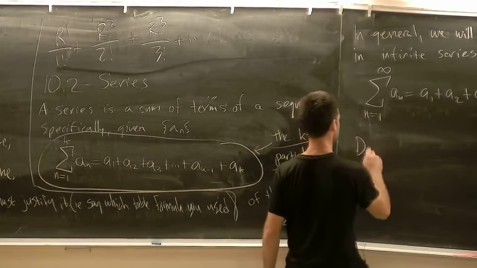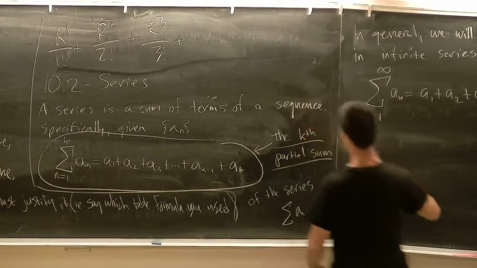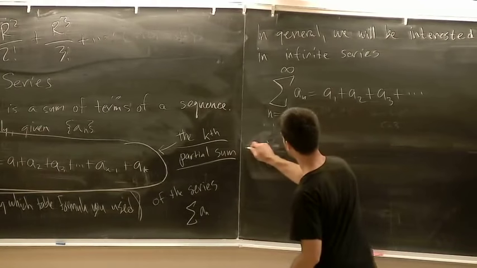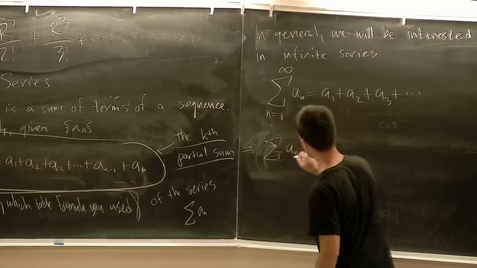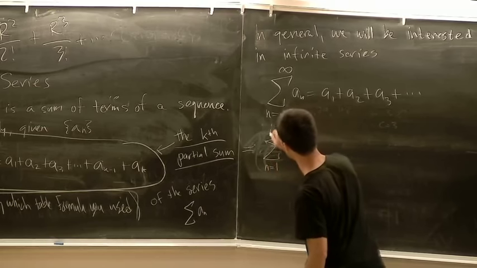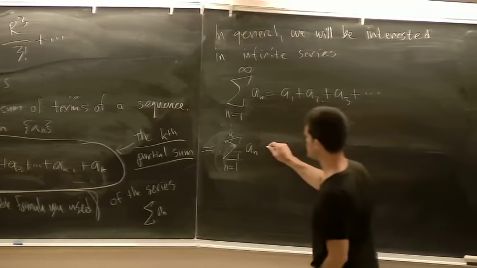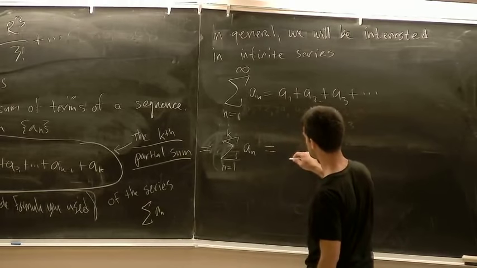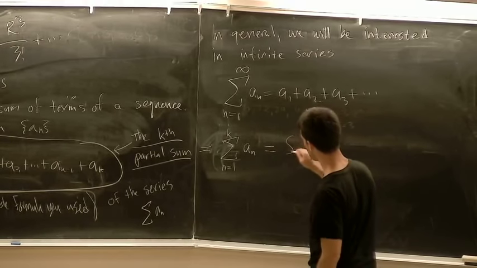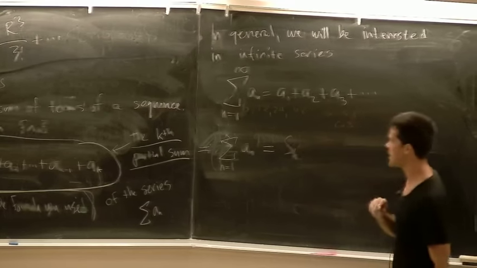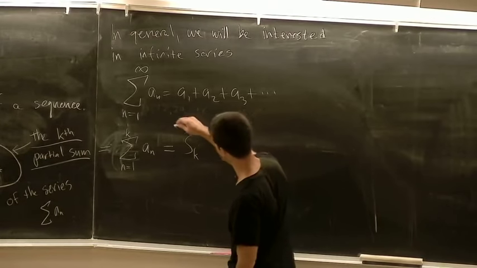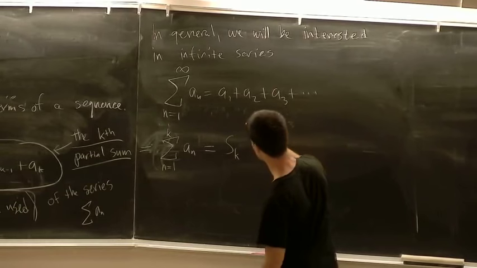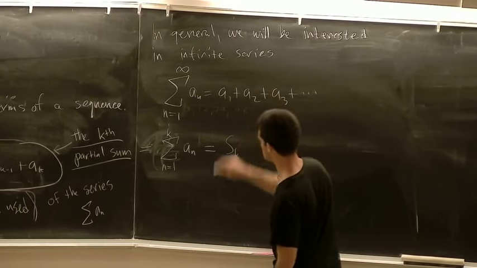So the kth partial sum is equal to the sum from n equals 1 to k of the series. And we will denote this S sub k.